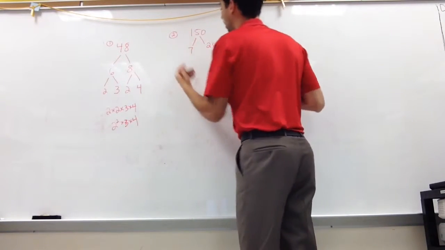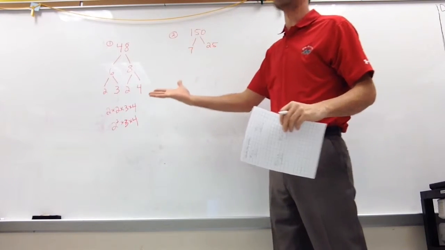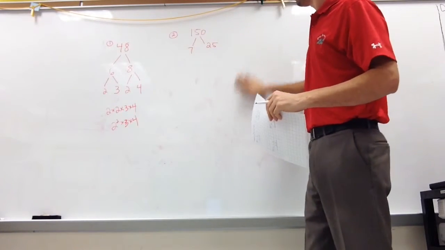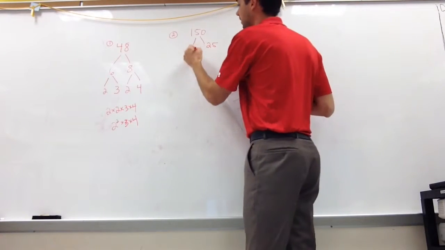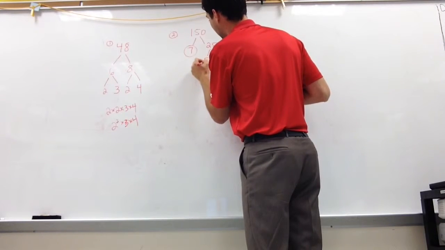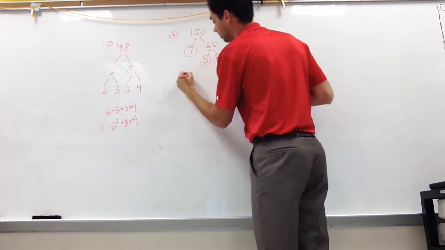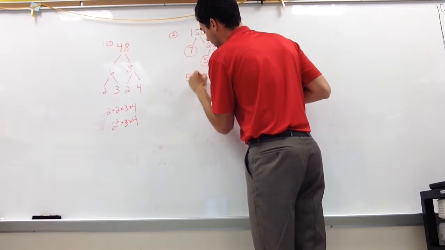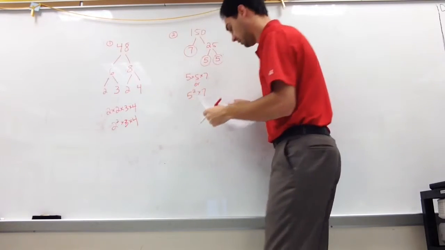If it ends with a 0 or a 5, you can always use the number 5. But I could do this quickly in my head. I know 7 is a prime, and then the 25 can be broken up into 5 and 5. 5's a prime, so this would be 5 times 5 times 7, or 5 to the second power times 7.